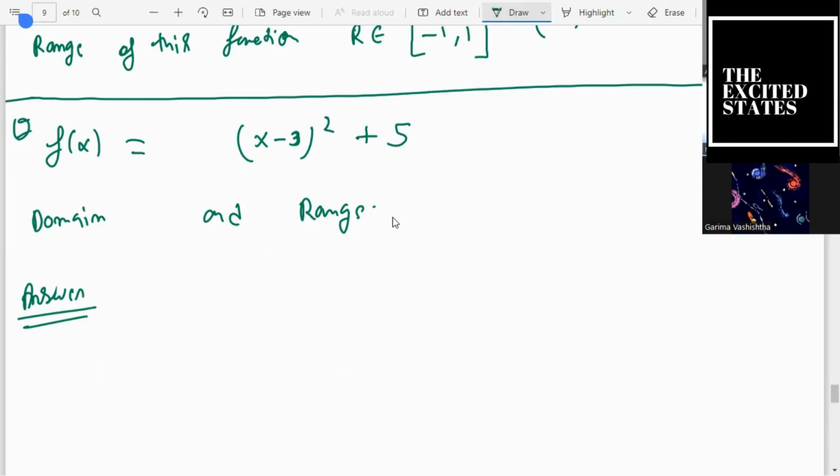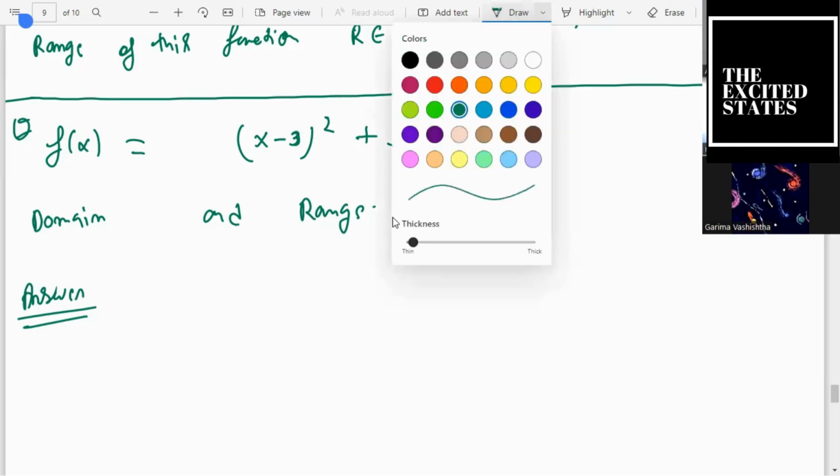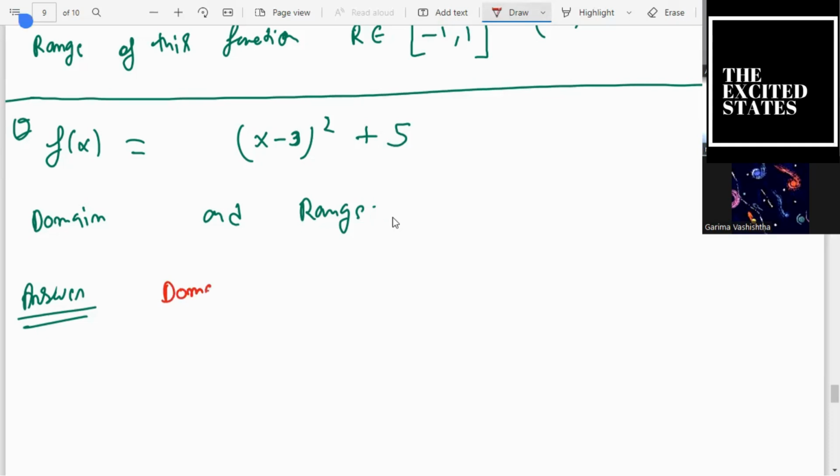So there is no chance of the denominator being 0, or of a negative value inside a square root. So x can take any value. That means the domain will be all real numbers, R.